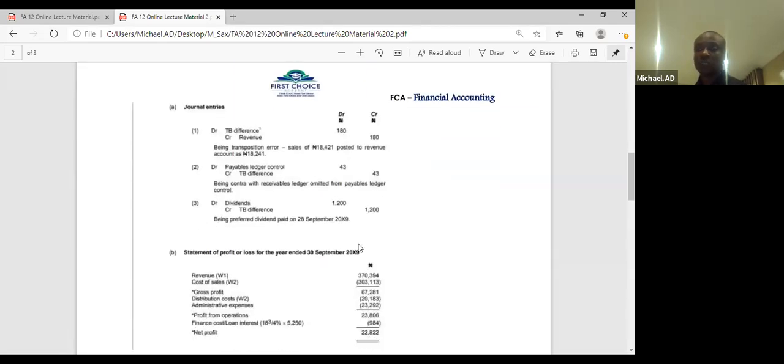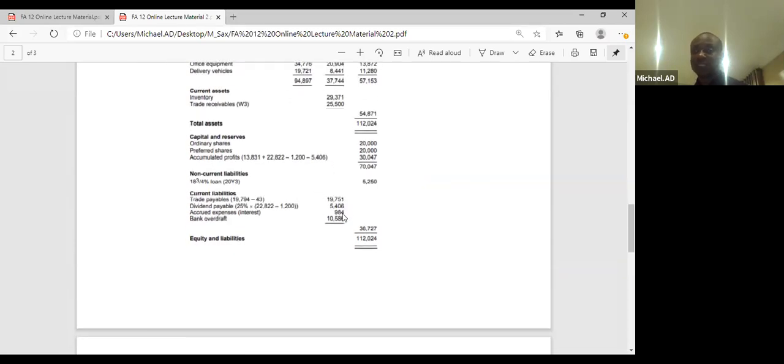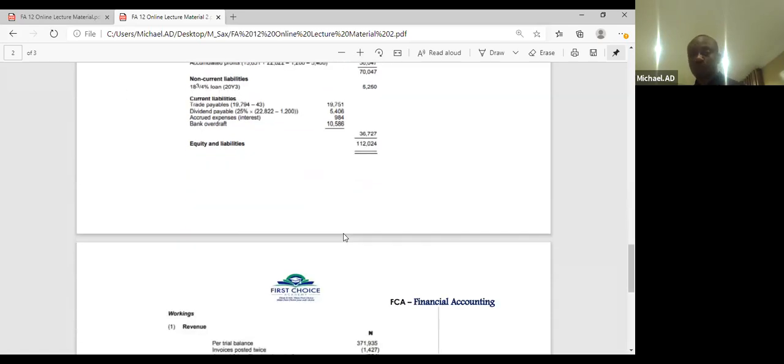The 25%, for example, where is it again? The 25% was treated here as this, and it was also treated here. So note that your additional information solution is not completed until it is being treated twice in your books.